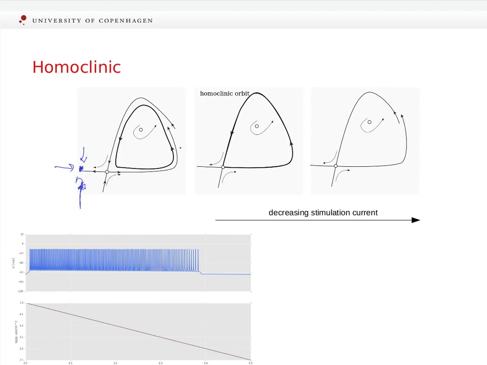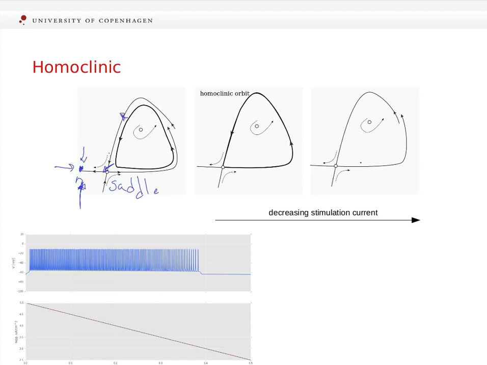But as we decrease the stimulation current, this stable limit cycle gets closer and closer to the stable manifold of the saddle and to the unstable manifold of the saddle, until it finally is merged in one corner with the saddle. And this is a homoclinic orbit because it starts and ends in the same point on the saddle.